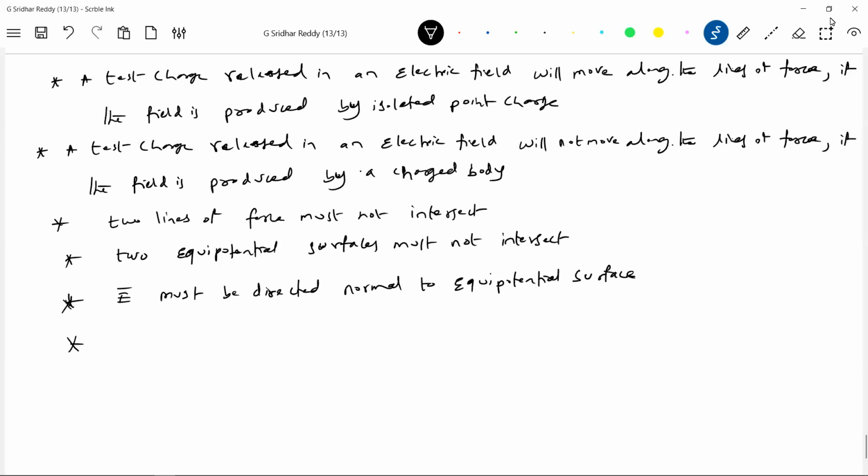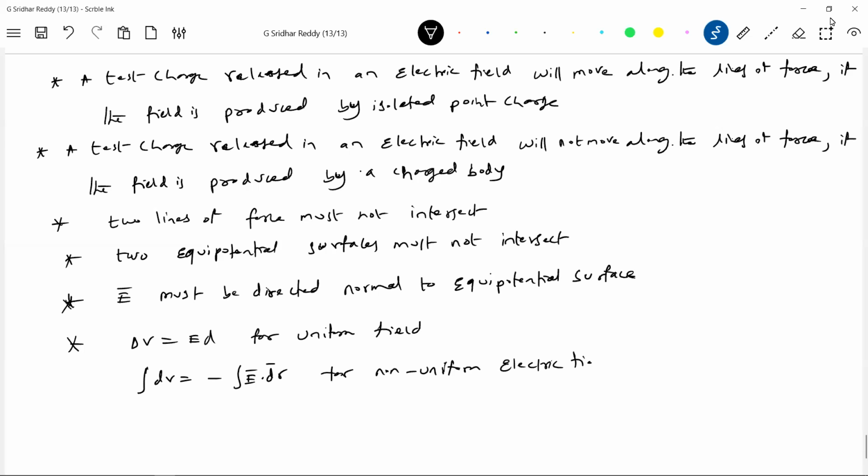Then the last one: delta V equals E into D for a uniform field. For a non-uniform field, there is a formula. This is what I'll be using in applications. I'm making things clear.